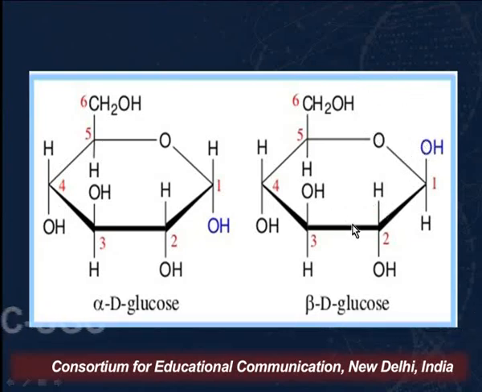And if we compare the configuration at the rest of the carbons, that is the second carbon, third carbon and fourth carbon, we find that the configuration in both structures, alpha D glucose and beta D glucose, is the same. So these two are diastereomers, and the special word for them is anomers, and we say anomers are examples of epimers.